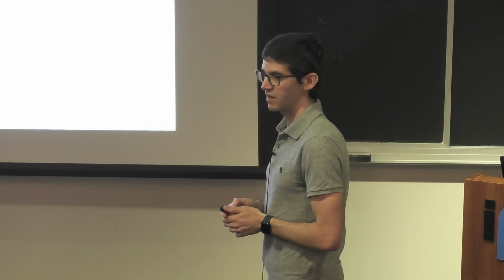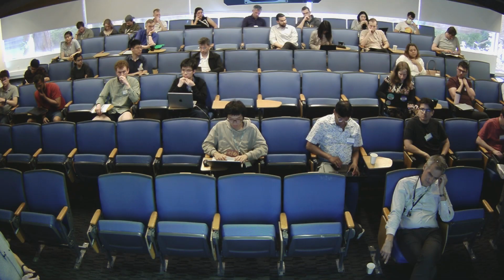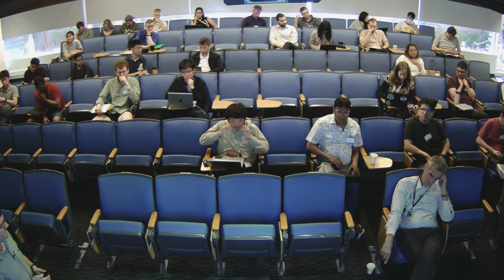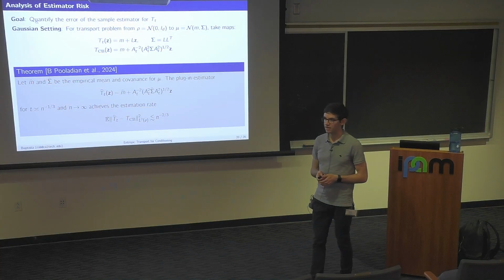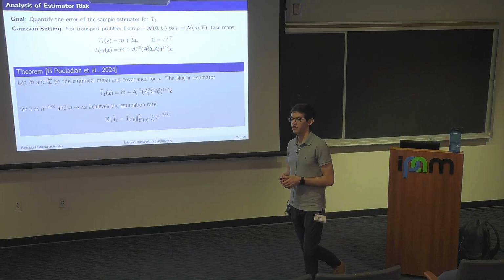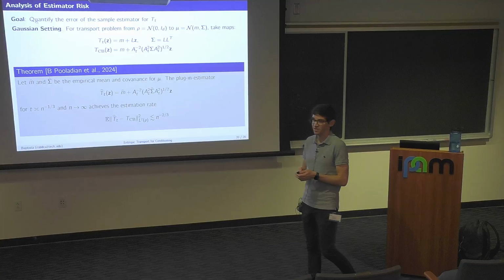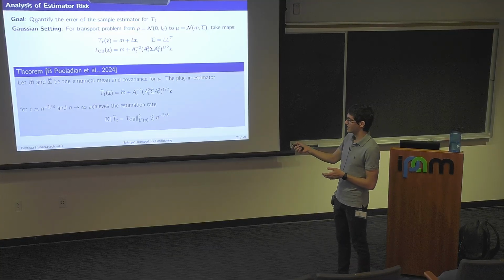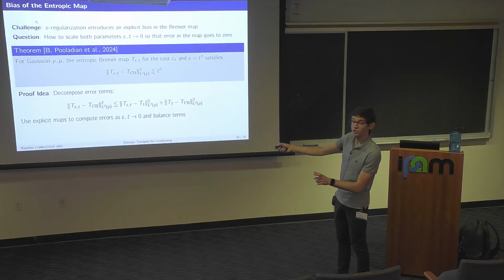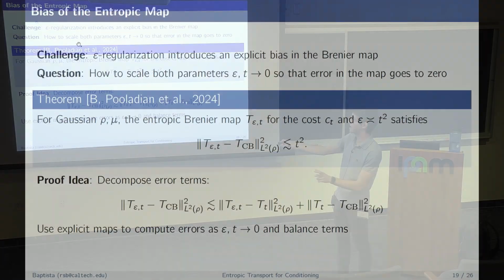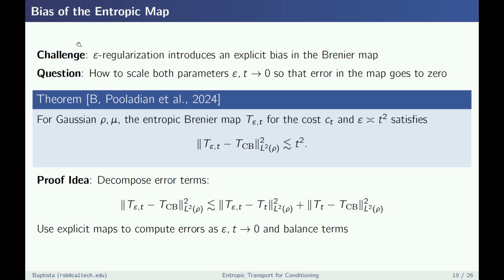I recall that Aram and John had some bound on the approximation quality of the EOT barycentric projection versus the Brenier map. I think that was loose back when they were just estimating the vanilla map. Yes, so we do rely on those results to balance the error from T to T epsilon T, essentially. But then furthermore, we also have this error from choosing this rescaled cost. So I think it's really in both.